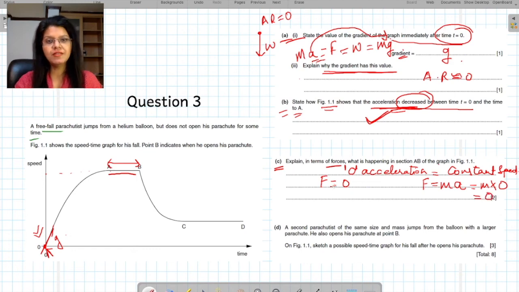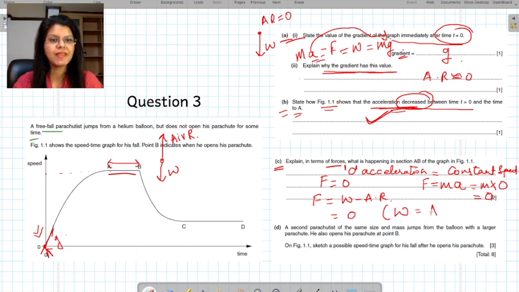Why is the force 0? Because the downward weight is cancelled by equal and opposite air resistance. Why? Because the force is equal to weight minus air resistance, right? Which is 0. Why? Because the weight is equal to air resistance. So when you subtract equal quantities, 2 minus 2 is 0, 3 minus 3 is 0.